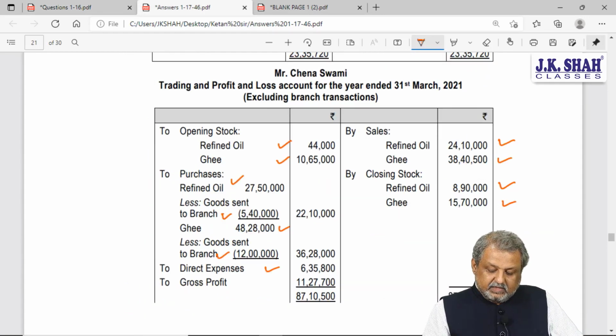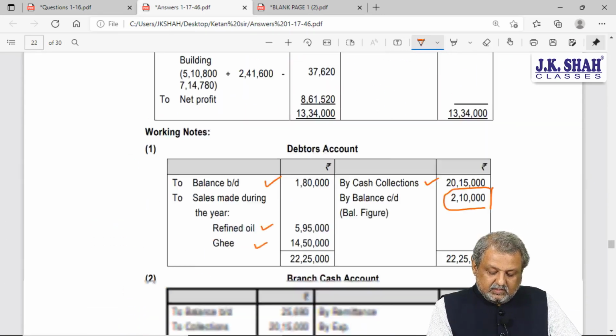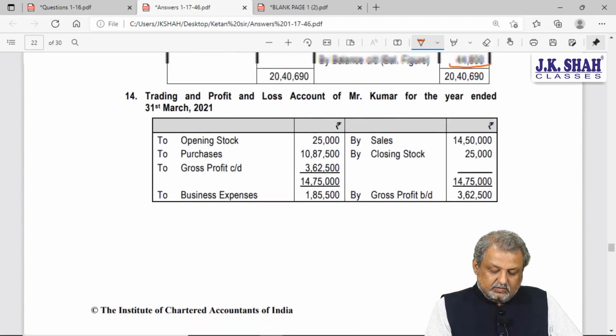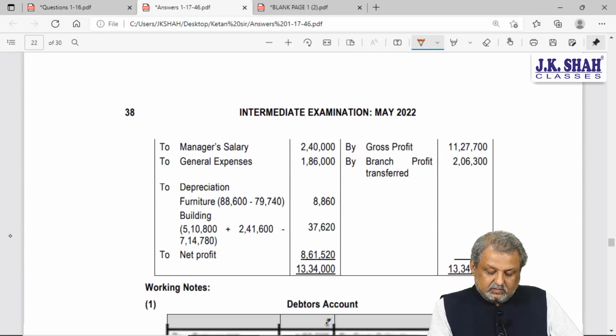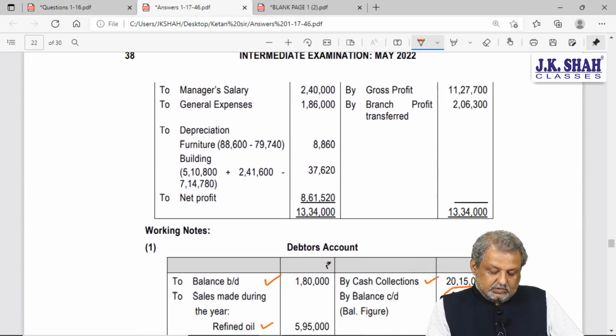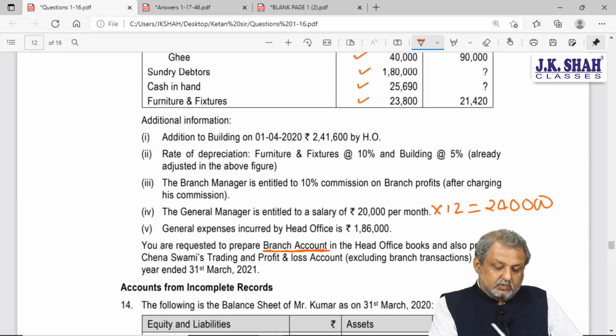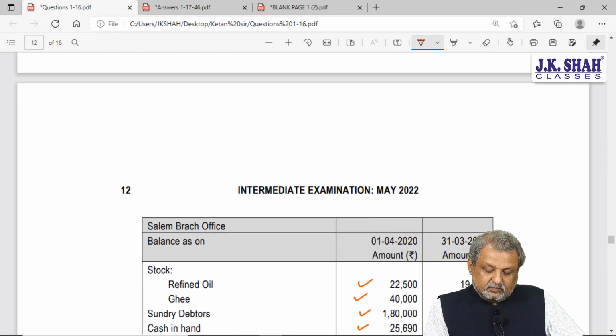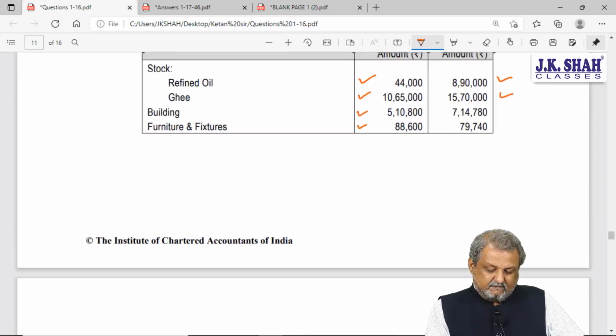For the purpose of calculation of depreciation in P&L. Depreciation for furniture, opening and closing balance, furniture and fixture 10%. So furniture, difference between these two is depreciation, 88,600 and 79,740.